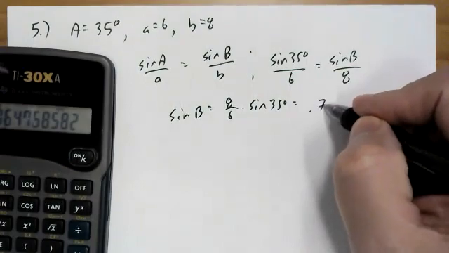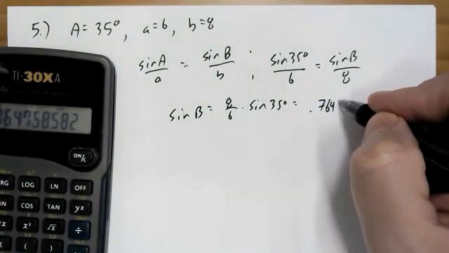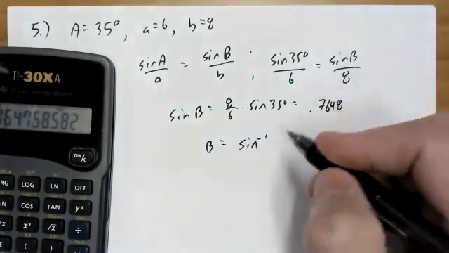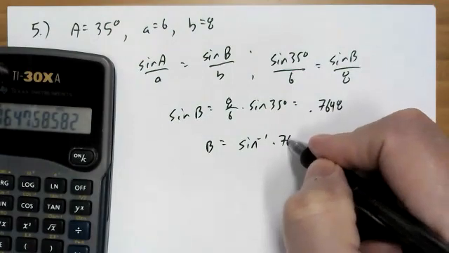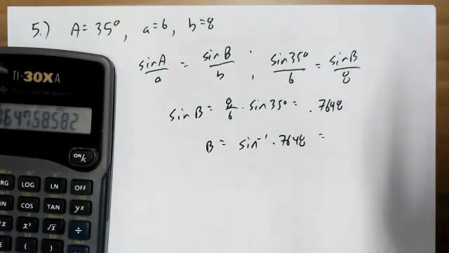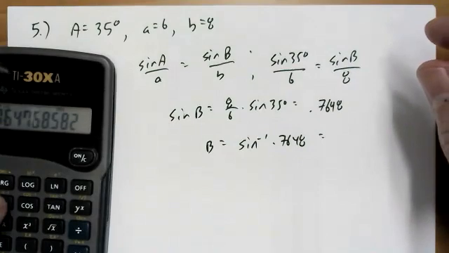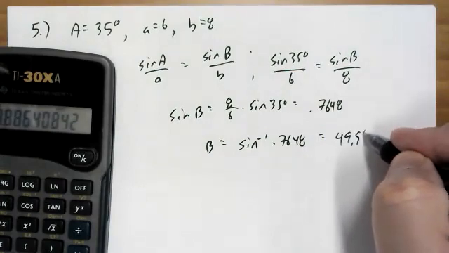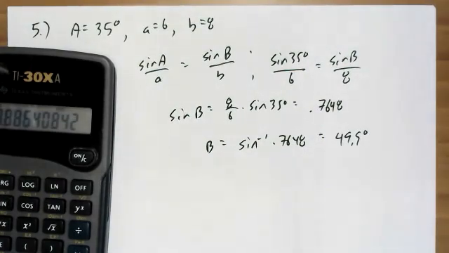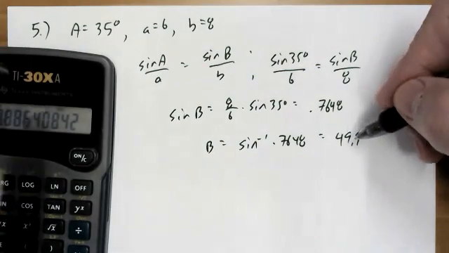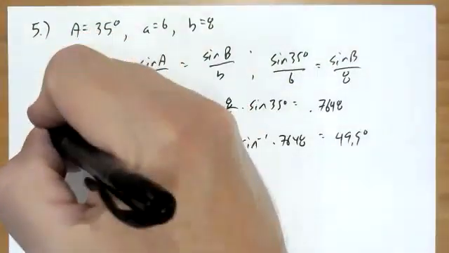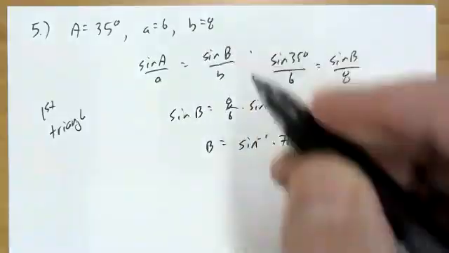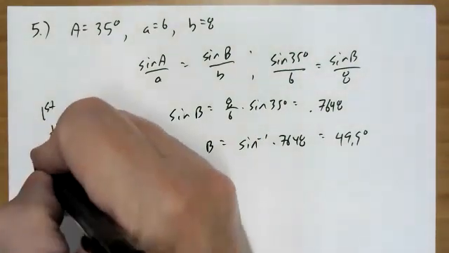So 0.7648. So B equals inverse sine of 0.7648, 49.9 degrees. But this is a kind of problem where I could have two triangles. So this is going to be my first triangle.